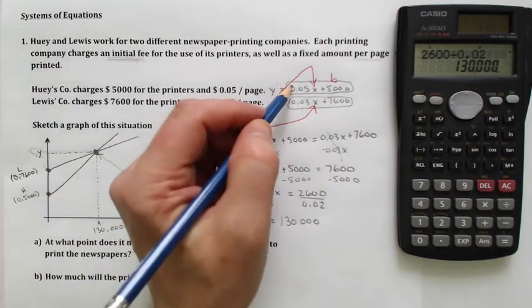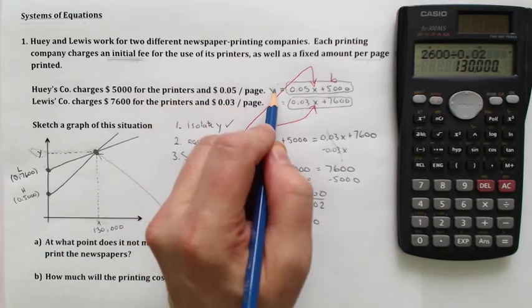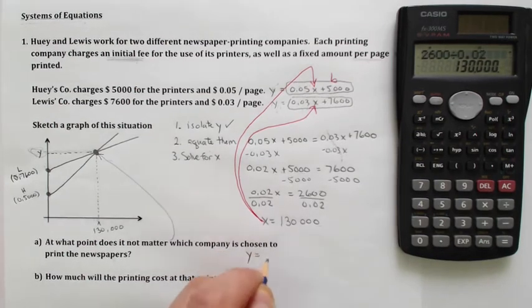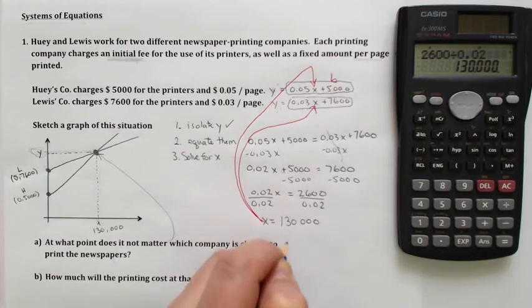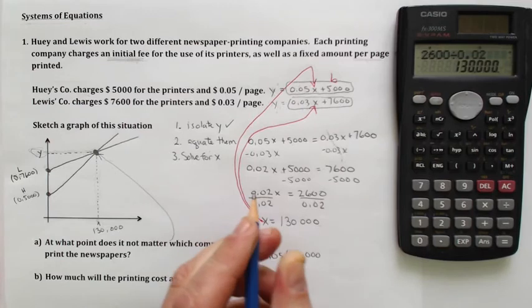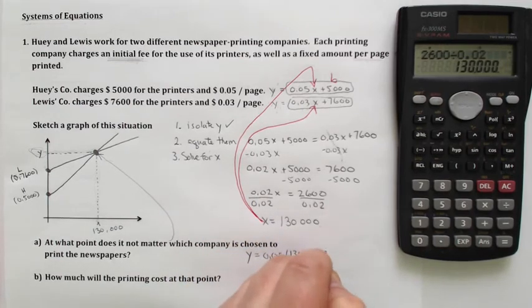I'll start off by doing it in equation number 1 for Huey here. So I'm going to write down y is equal to 0.05 times x, 130,000, plus 5,000.